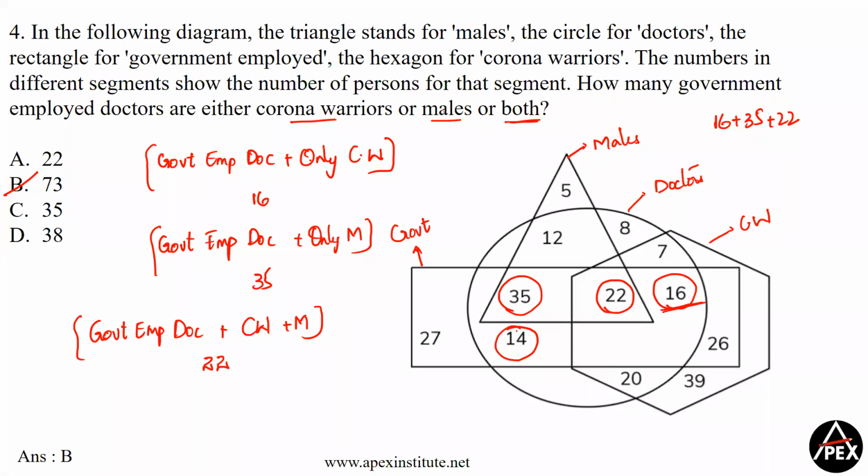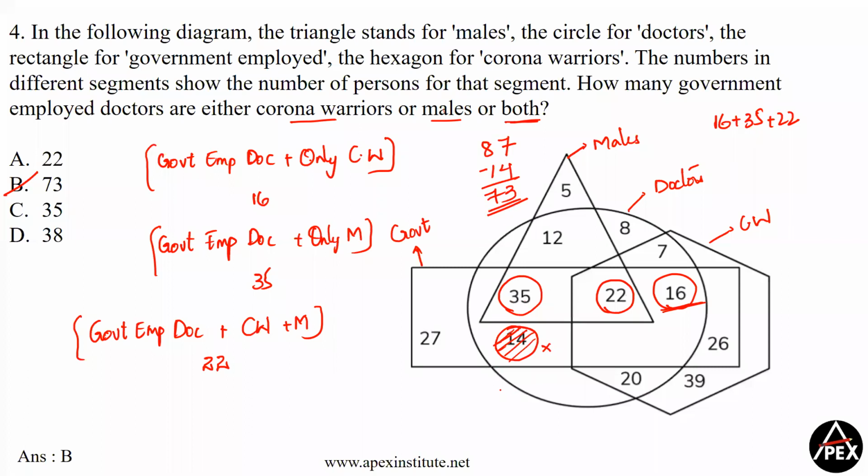If you observe, these 14 are not corona warriors and not males as well. So you cannot consider this 14. So what is the total number? 87. From these 87, subtract 14, you will get 73. So this is the second method of doing that.